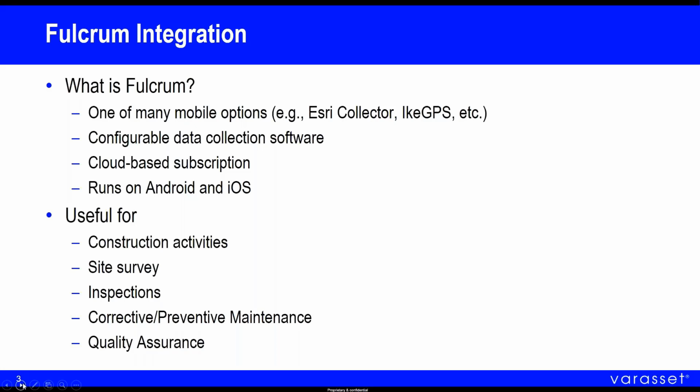Some of the activities that you'd potentially be using Fulcrum for would be anything from construction activities, site survey, inspections, preventive maintenance, quality assurance, safety inspections, you name it. Fulcrum has the ability to capture data or complete these activities in the field.